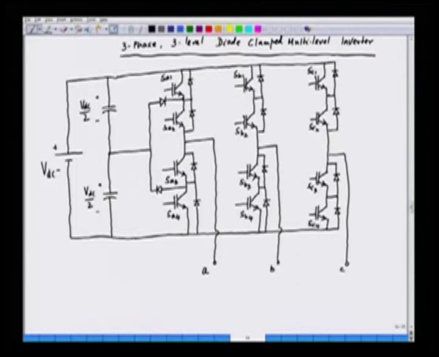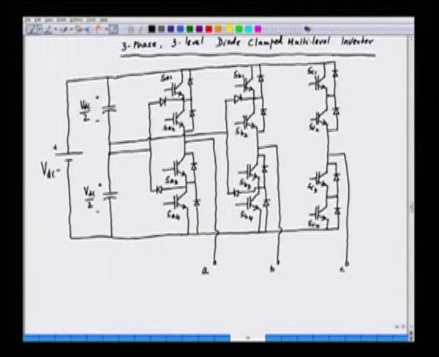Now, similarly for phase B, we have two clamping diodes here, and this is for the upper switch and we have the lower switch here, and these two are connected together, and then this is connected to the midpoint of the capacitor in the following fashion.